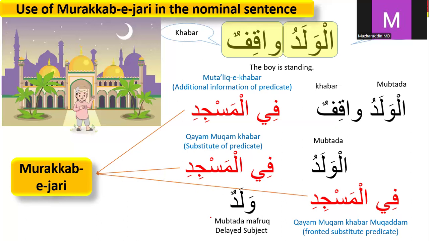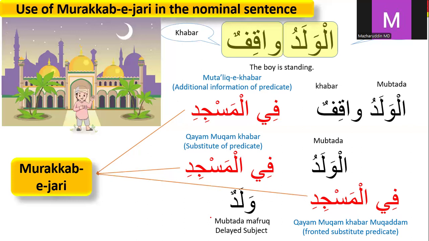It is attached pronoun as well, like fihi. This is also your murakkabe jari. Fil masjidi, murakkabe jari. Okay, so it can be mutalike khabar if actual khabar is present, it can be qaim muqam khabar if khabar is absent, and it can be qaim muqam khabar muqaddam when the sentence starts with murakkab jari.